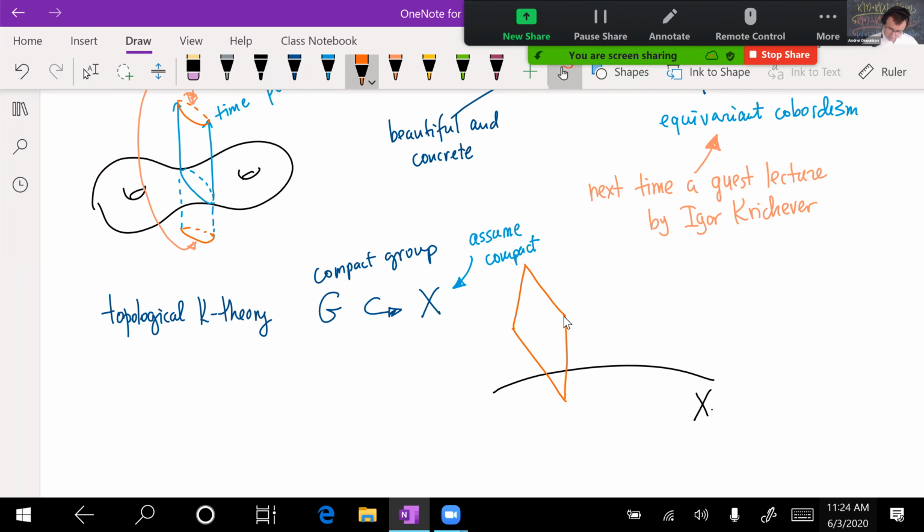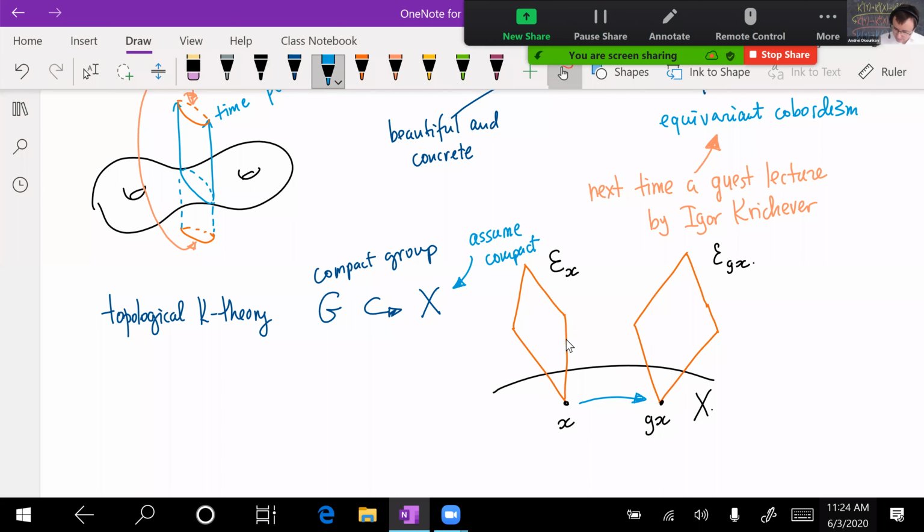on which there is an action of G lifting the action on X. So if I have some fiber, so this is a vector bundle V, so it has a fiber E_x over x, and then there's gx, so there's an element g acting here, so there's a fiber E_gx.